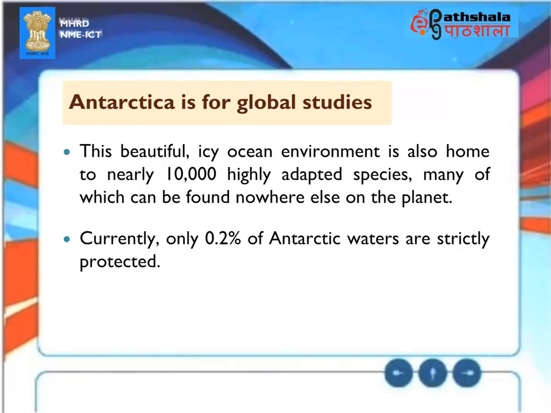This beautiful icy ocean environment is also home to nearly 10,000 highly adapted species, many of which can be found nowhere else on the planet. Currently, only 0.2% of Antarctic waters are strictly protected.